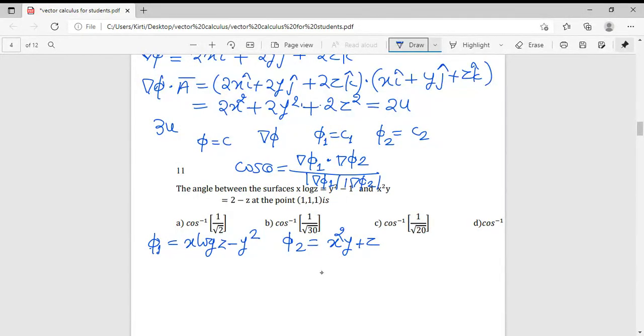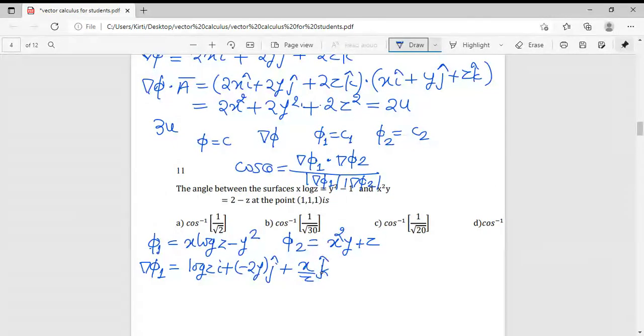We will obtain del phi 1 at the point 1, 1, 1. So del phi 1 is the derivative with respect to x partially, that is log z i, then the derivative with respect to y partially, so minus 2y j as per the definition of gradient, and the derivative with respect to z, that is x by z k.